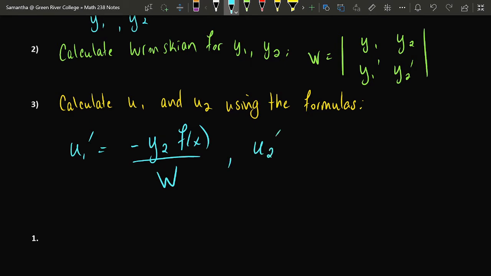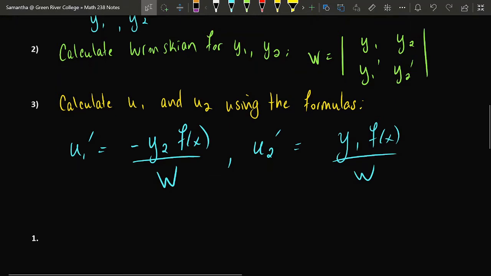You calculate the second function by using the formula u2 prime, which is similar but with no negative sign: positive y1 times f of x divided by the Wronskian. Set up these formulas and then integrate to find the functions u1 and u2.